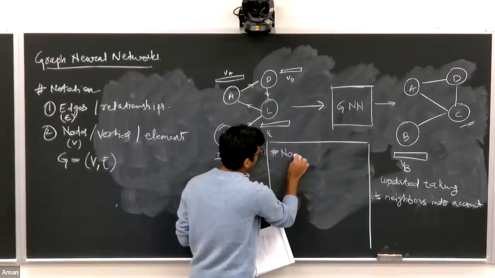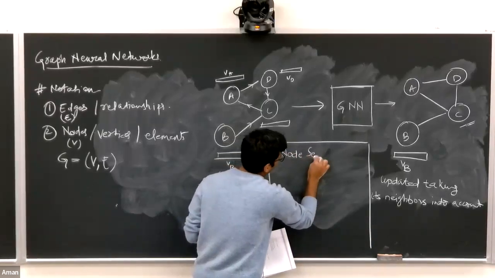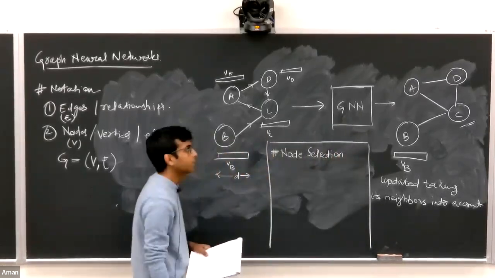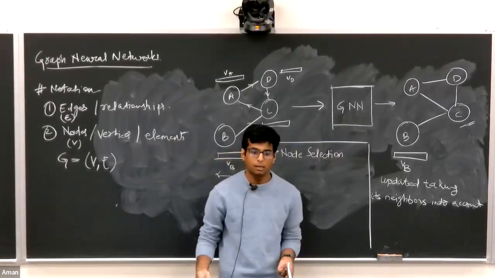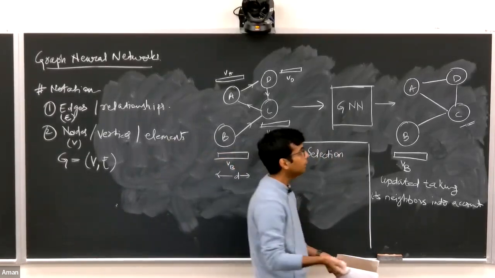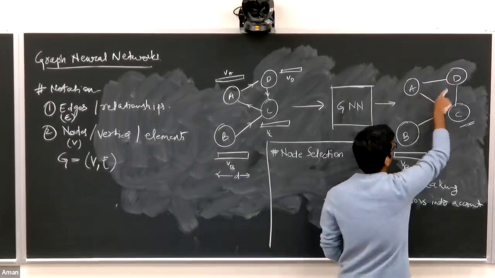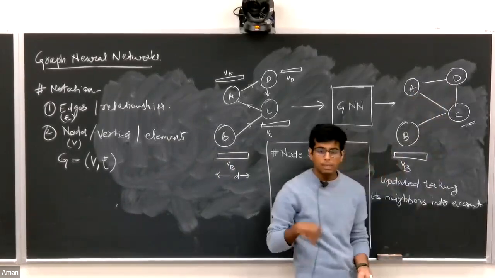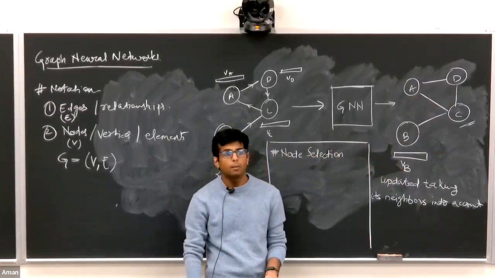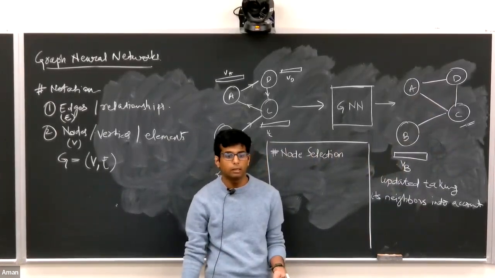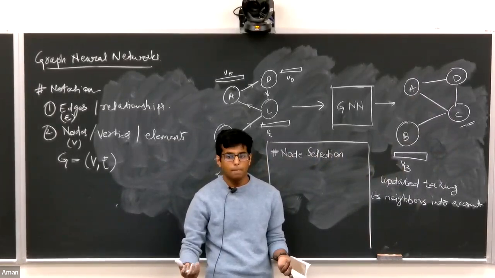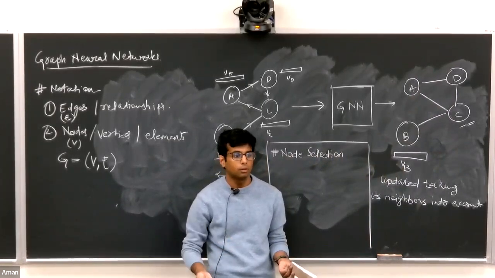node selection. Which means that once you update these graphs based on the representations of the neighbors, you can then select one node out of this based on a task that you define. For example, you have a LinkedIn graph and you want to select the most influential person out of the graph, right?